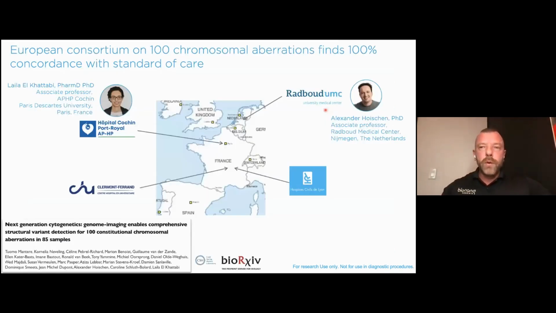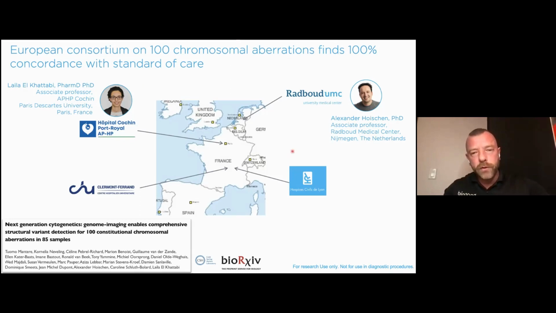Now, I want to show you a couple of different studies where optical genome mapping was compared against the standard of care. The first study is by a European consortium where constitutional cases were analyzed. Constitutional meaning genetic disease, and that were prenatal samples, children with genetic disease, and then also infertile adults.